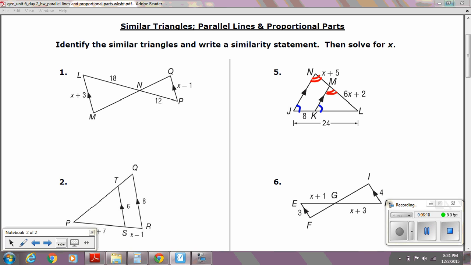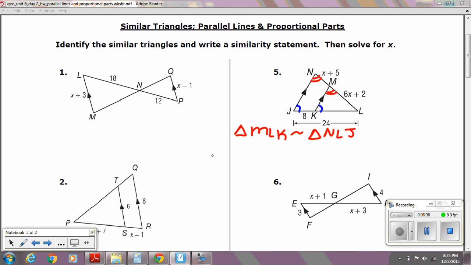So with that being said, the similarity statement would read, triangle, let's focus on the smaller one first. So the smaller one is MLK is similar to triangle NLJ. That's the bigger one.